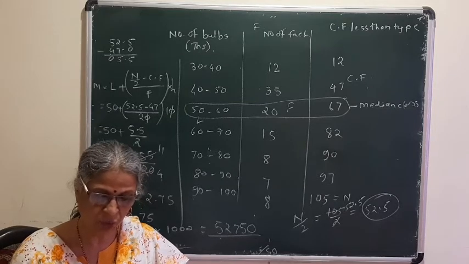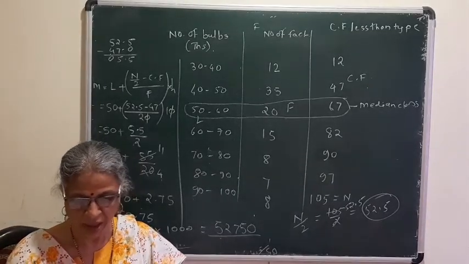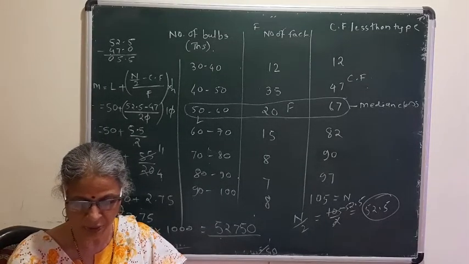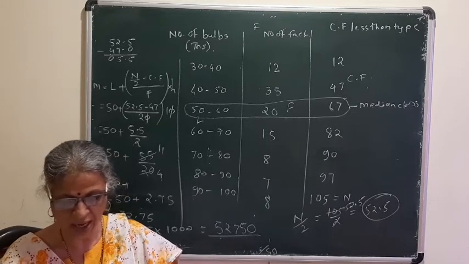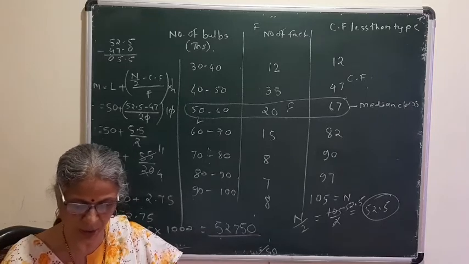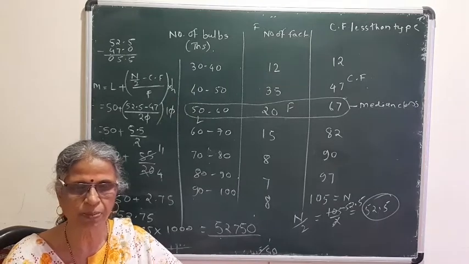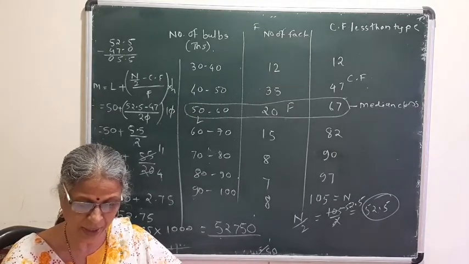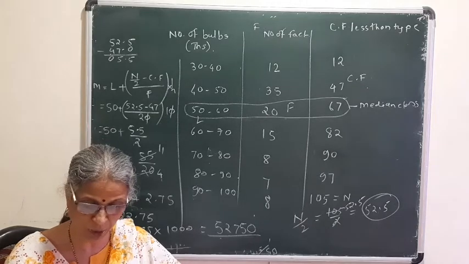So here we have to take the difference between 210 and 209: the lower limit of the second class and the upper limit of the first class. That subtraction you have to make. 210 minus 209 will be 1, divided by 2 will be 0.5.